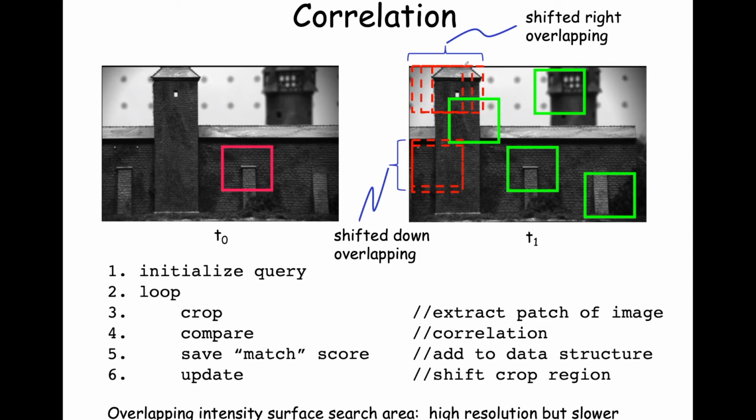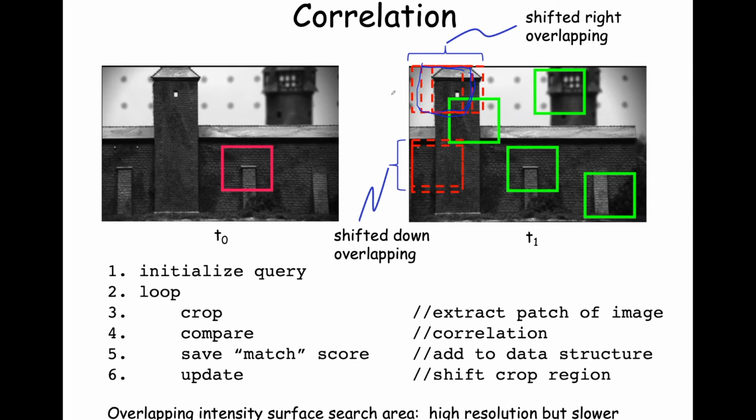We're going to shift it some small number of pixels, and each location from one round to the next in our loop where we're searching is going to overlap with the other. And so you can imagine then we start our crop region in one location, upper left-hand corner, and then we shift it 1, 2, just a couple little pixels a little bit to the right. And you'll notice here that the crop region for the second position shares the majority of its pixels with the crop region for the first location.